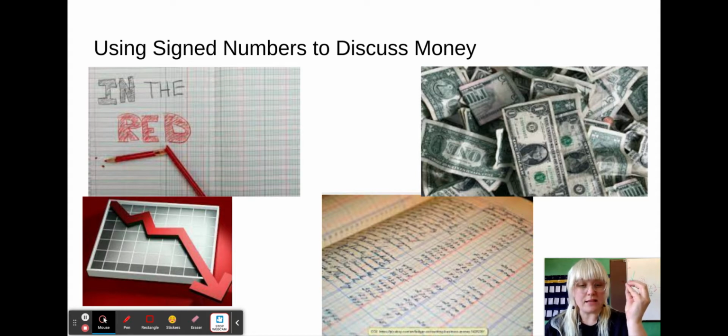And we can use that as a negative number. You are adding a negative every time you remove money. If you overdraw, that means that you have spent more than what you have in your bank, whether that's a physical bank again or just a place where you keep your money. So an overdraw is when you have spent more than you have, and that will also show up as negative money. You will be in the red.